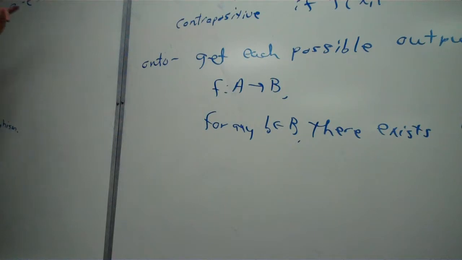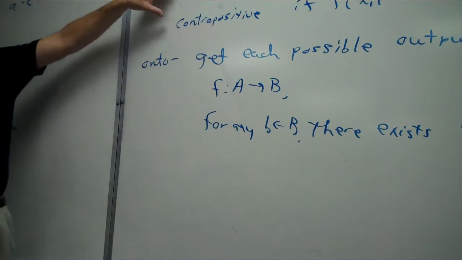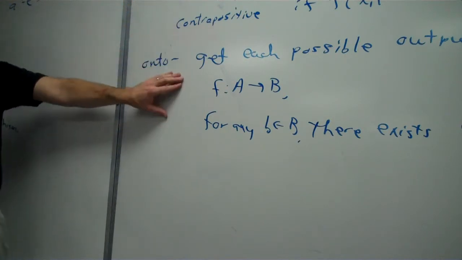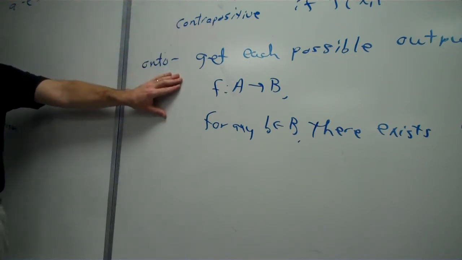So in a sense, they both deal with outputs. Onto is, do we get all possible outputs? One-to-one is, do we only get our outputs once? We're not concerned whether we get all the possible outputs, just whether there are repeats in the outputs. No output is repeated, every output is obtained.